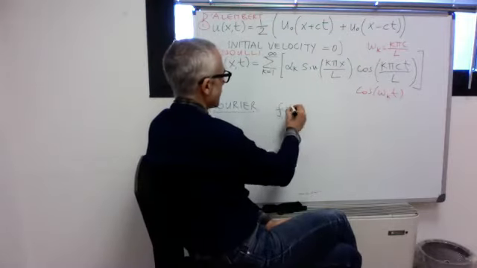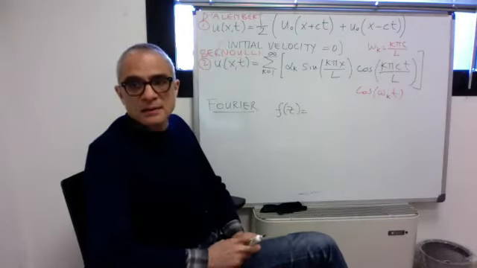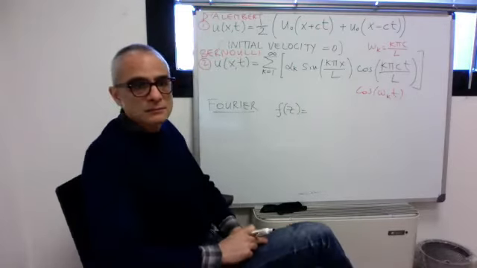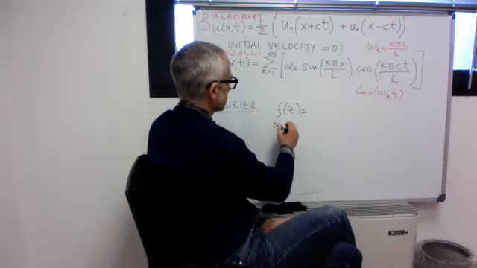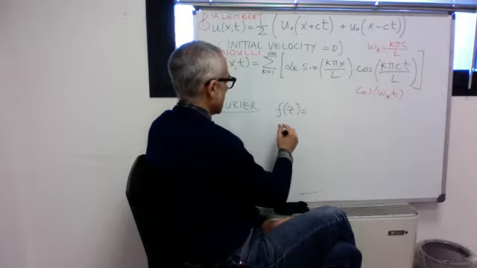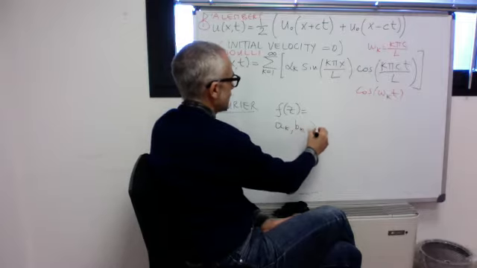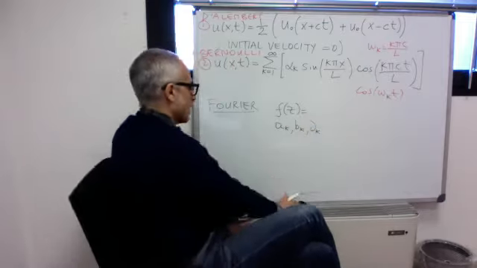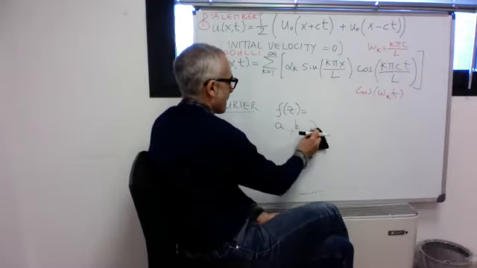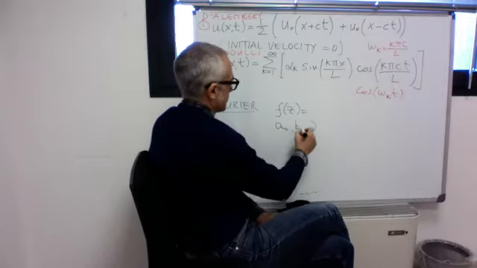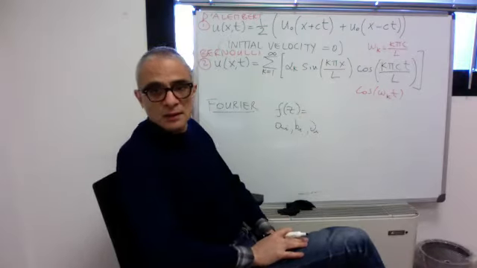Fourier says that for any function f of z, there exists a set of values, I'm going to call them A_k, B_k, nu_k, or I'm going to use another index i, just to have no ambiguity with what I've done so far. Okay, if you prefer to use k, it's okay too.